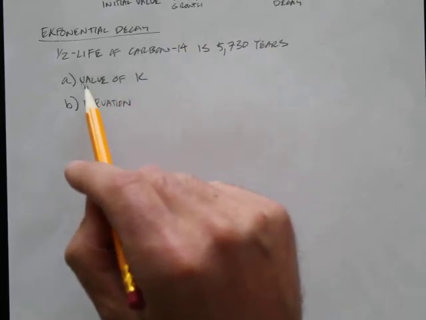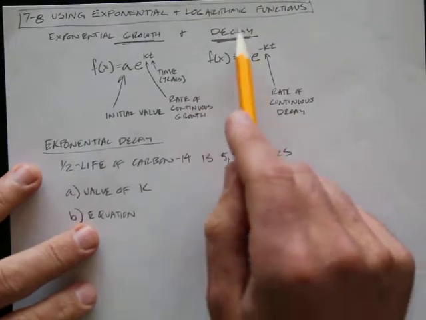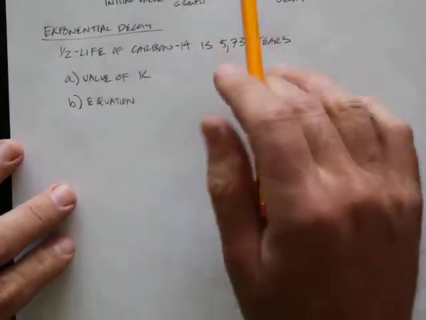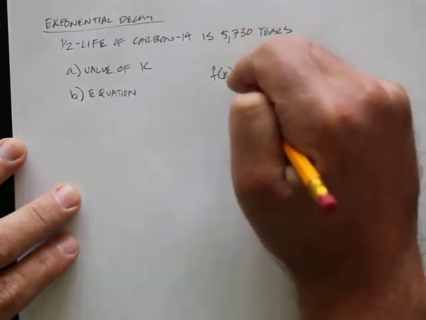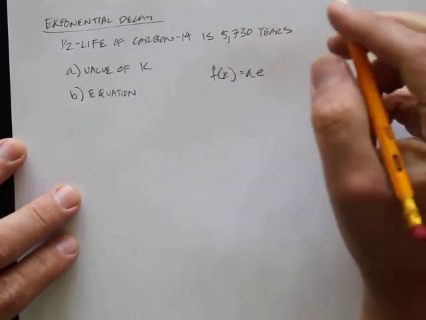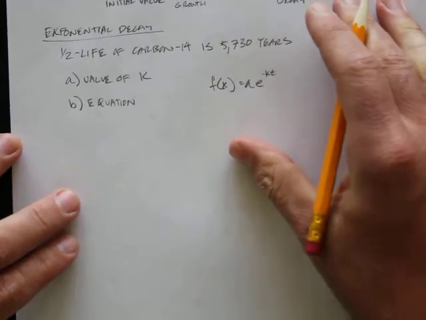The way that we're going to do this is we're going to start with the decay function here. So let's just write that down. Let's just write it over here. Equals a times e to the negative kt. Okay.